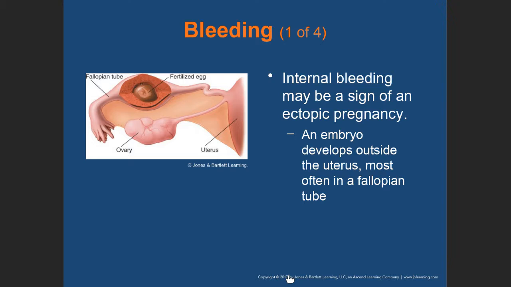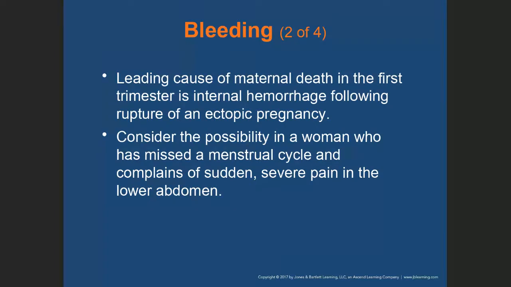A common place for it to develop is the fallopian tube, and it can get to a size where it causes the fallopian tube to rupture, which leads to excessive blood loss, life-threatening bleeding. So this is definitely an emergency. So it's a leading cause of maternal death in the first trimester, right?